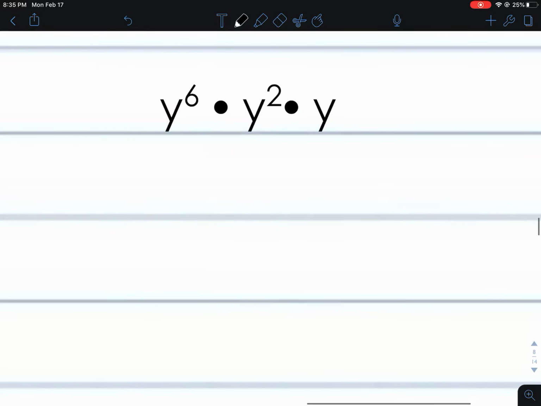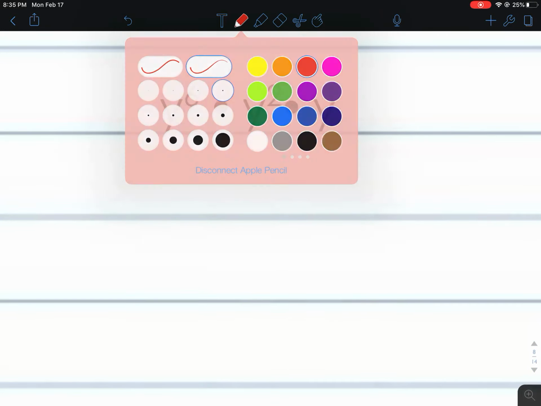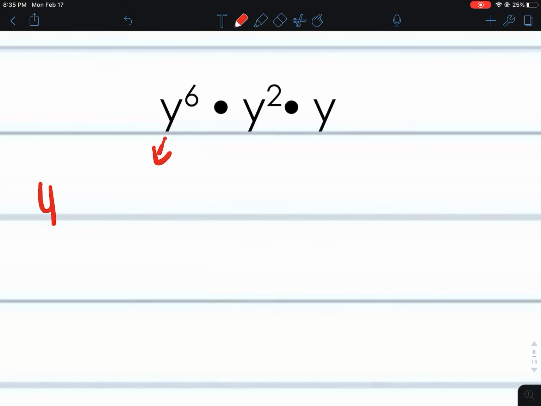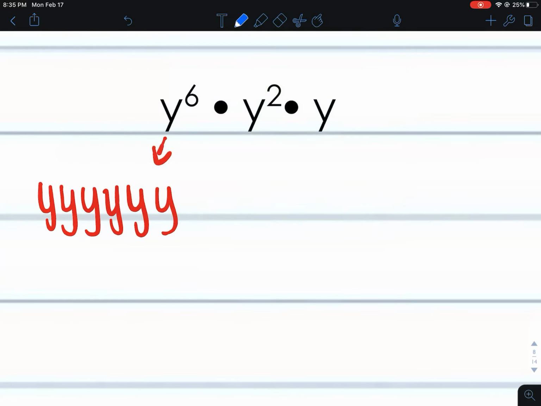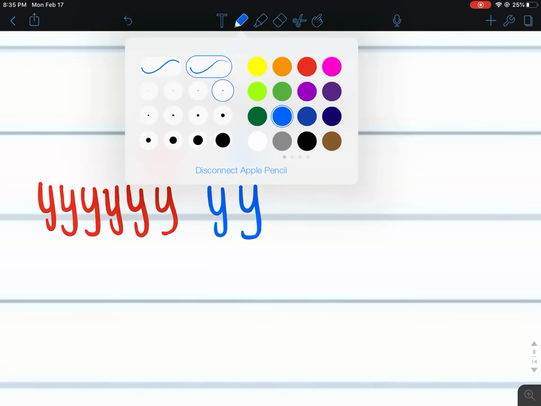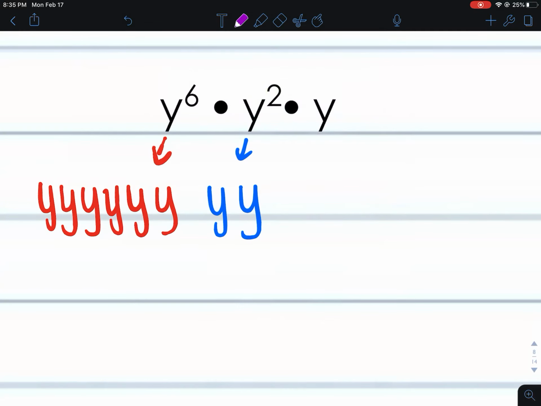We'll do a couple more. So this one is y to the 6th, and again, you can just write it right next to the 3, 4, 5, 6. It's hard to color coordinate with red. And then y squared, so y times y, or just yy. And that y would just be this one.